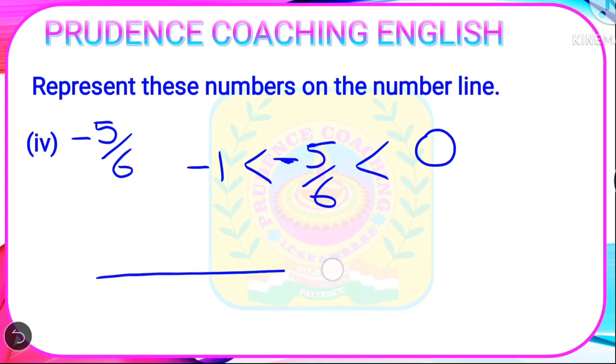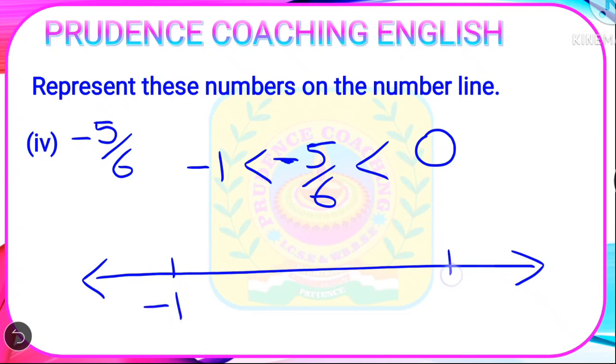We will draw a number line like this, and our main focus is in between minus 1 and 0. As the denominator is 6, we need to divide this space into 6 equal parts, so we need to make 5 lines. So it will be 1, 2, 3, 4 and 5.